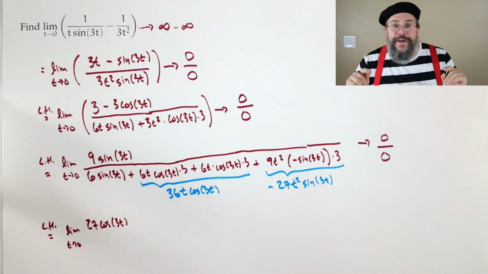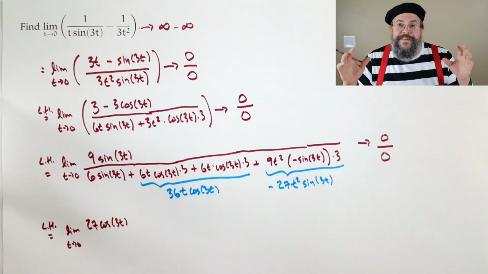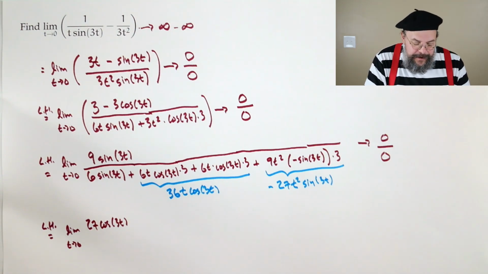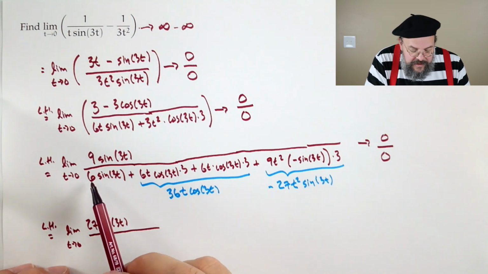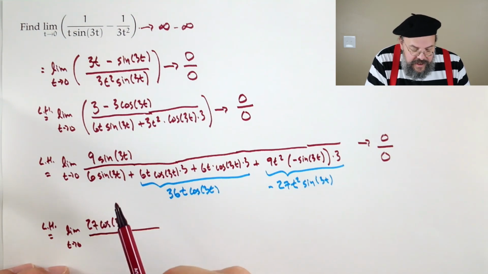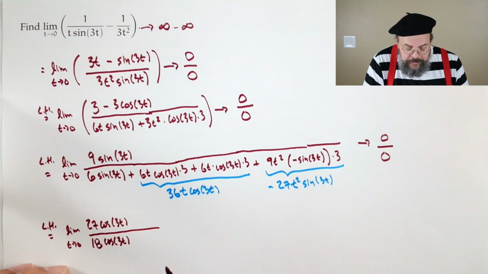This is it. Whatever happens is going to happen right now. Well, it's going to happen in a few minutes, because now we've got to work through the derivative of the denominator. Okay, so what is that? Well, 6, derivative of sine of 3t would be cosine of 3t, but then I have to multiply by 3, so that 6 times 3 is 18.